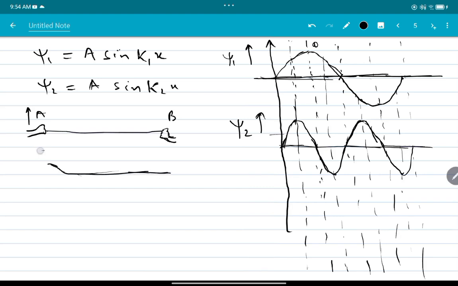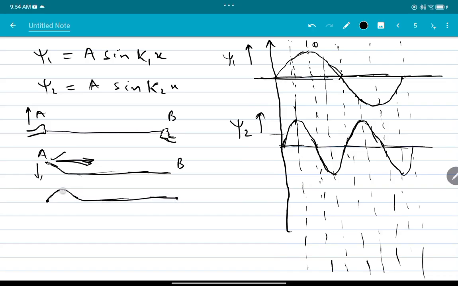This is A, this is B. When A comes down, this crust that is produced here does not come down. It slips ahead like this. That means when A is back at its position, the shape of the string at that instant is this.